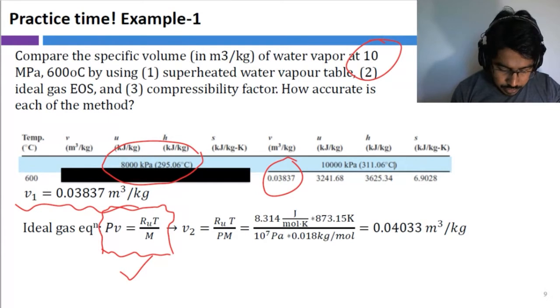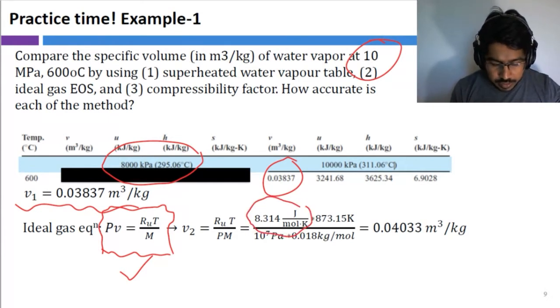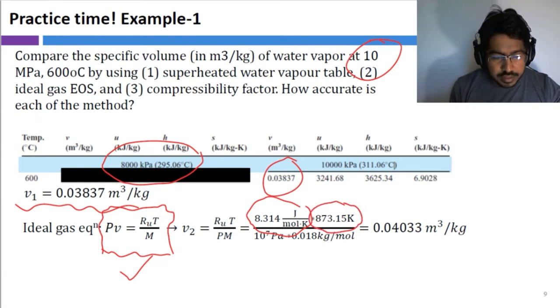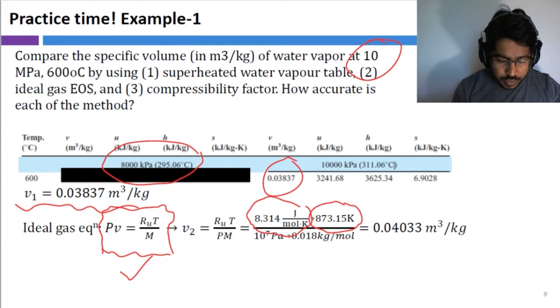So we plug the values. So universal gas constant, 8.314 joules per mole per Kelvin. And then our temperature, most importantly, 873.15 Kelvin, right? So what we did is we got our Celsius reading and converted it to Kelvin, right?